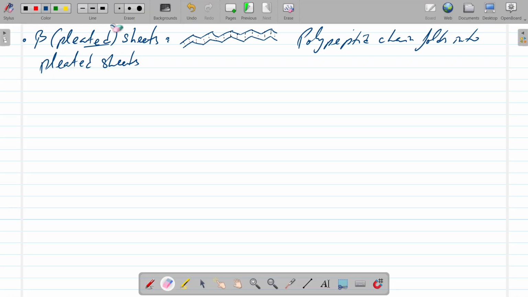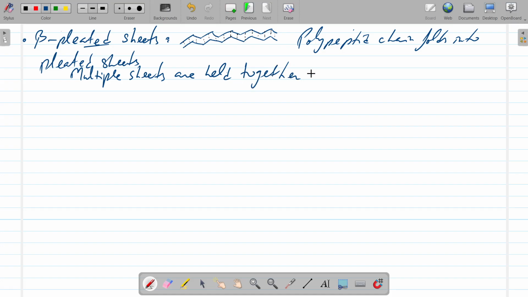And multiple sheets are held together by hydrogen bonds. And again, these hydrogen bonds are the ones occurring between the carboxyl and amine groups of the amino acids.